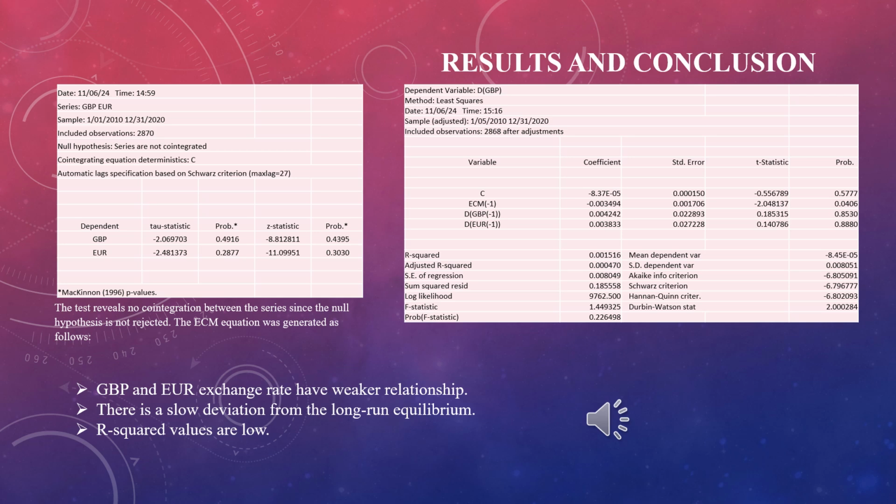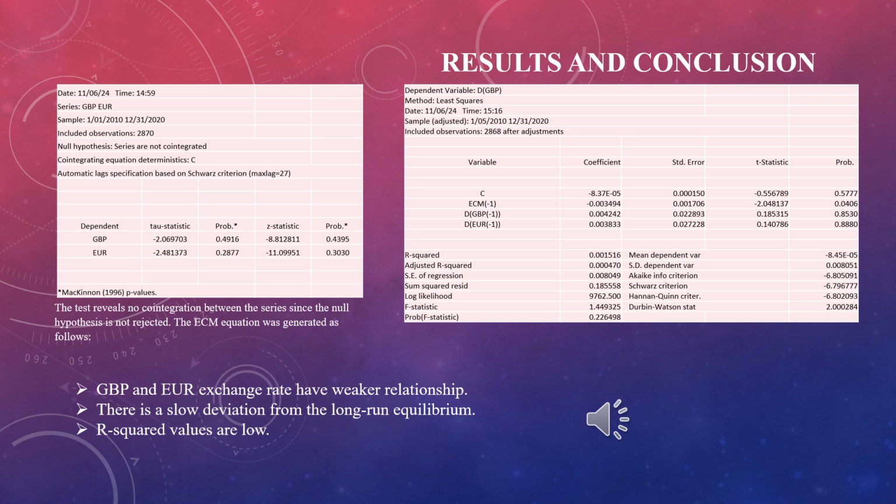The rates adjust slowly to deviations from long-run equilibrium. The changes in the past values of these exchange rates do not significantly influence the future behavior of the GBP to US dollar exchange rate.